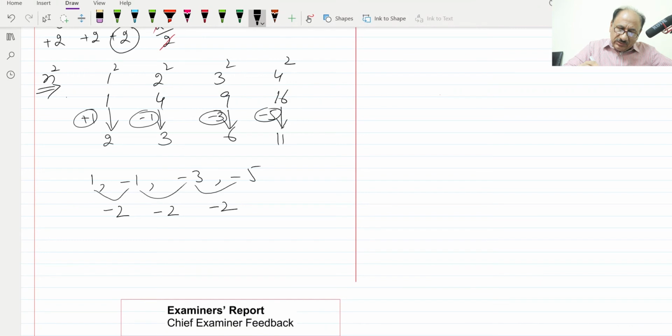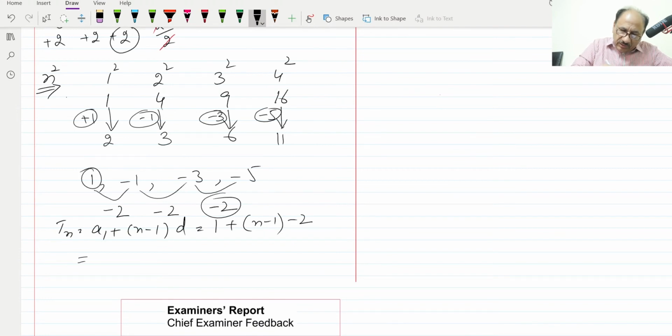So this is our arithmetic sequence portion, and we know the formula: Tn is equal to A1 plus n minus 1 into D, and A1 is 1, so we'll write 1 plus n minus 1 into D. The difference is minus 2, so we'll write here minus 2.